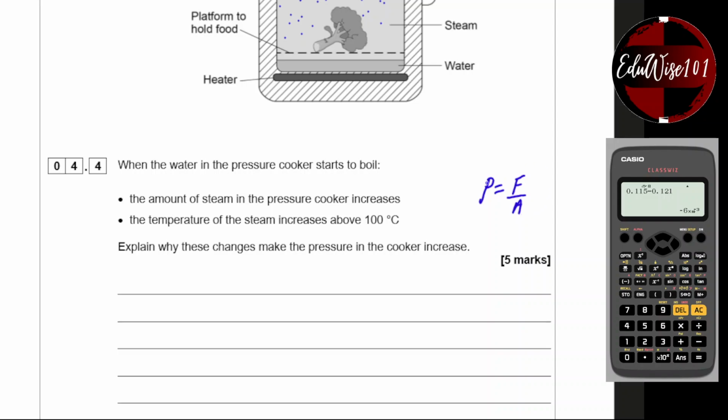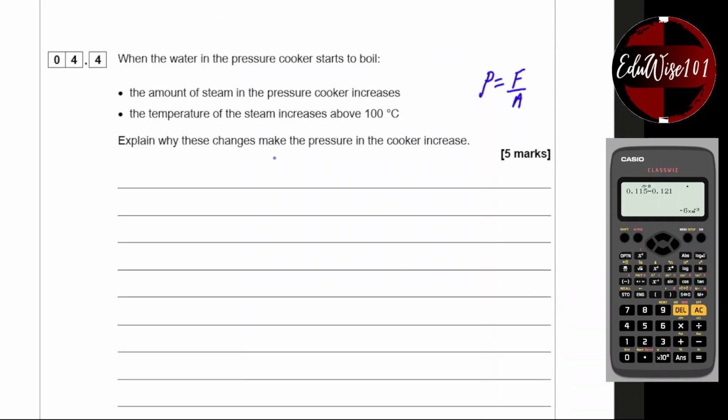So for the pressure to increase, the force must have increased. So how is the force increasing when this happens? The amount of steam increases and the temperature increases. Well, if the steam particles increase, and if the temperature increases, then the kinetic energy also increases.